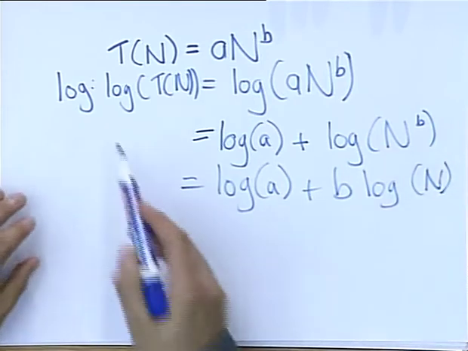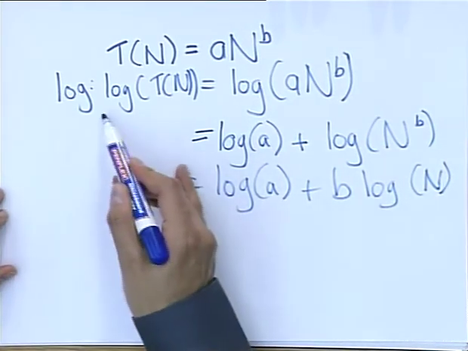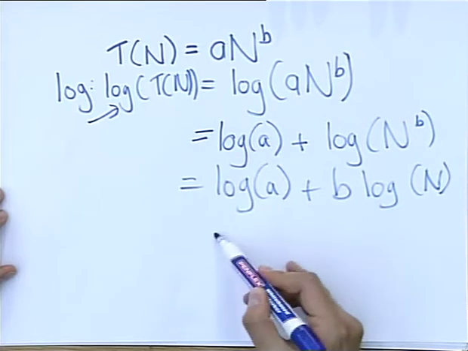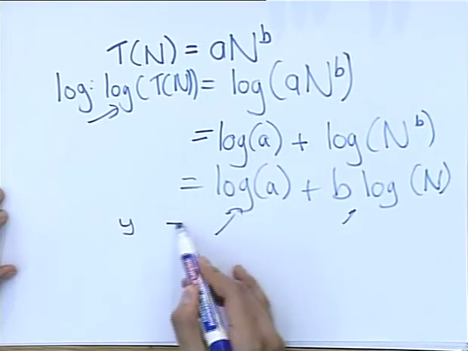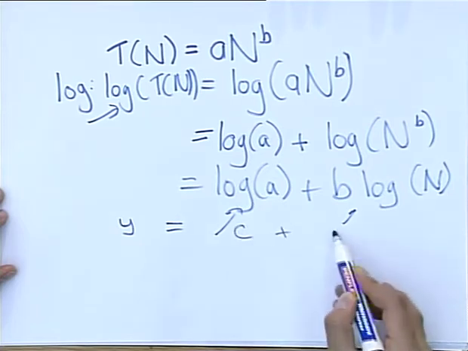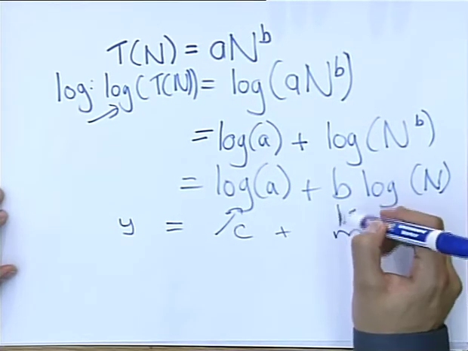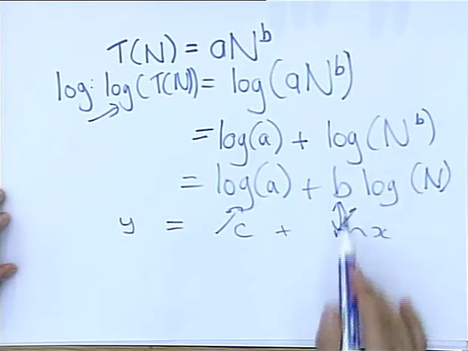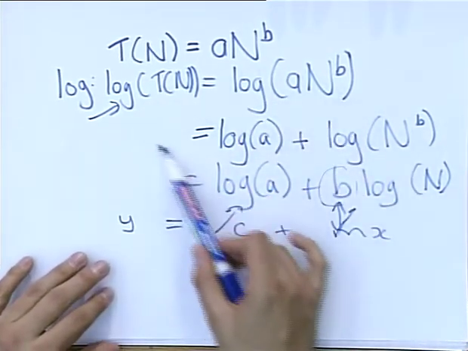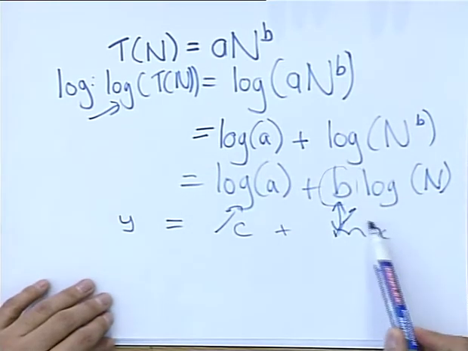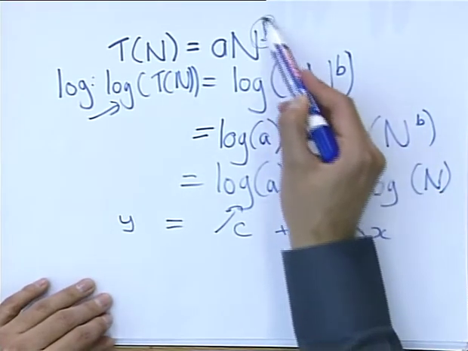Now you can see this just looks like, remember, we plot on the log scale, so this is almost like a line y equals c plus mx, and this m of course is your slope of the line. So if you have the slope of the line in the log domain, you actually have this b value that I have over there.